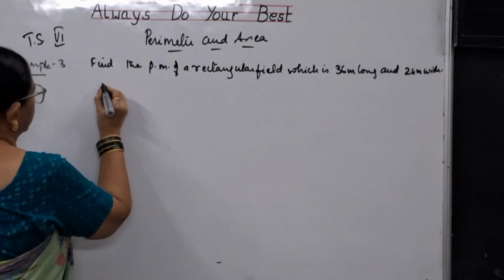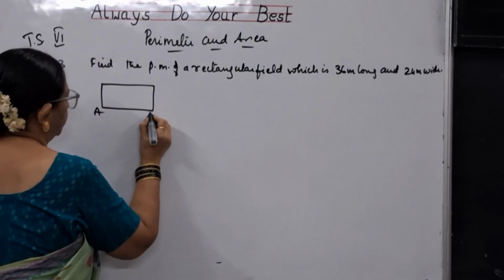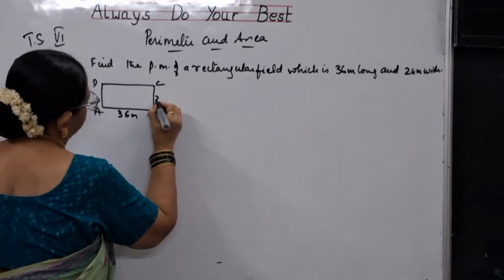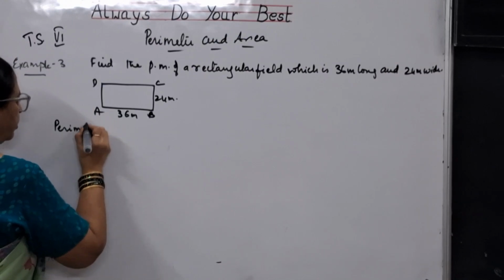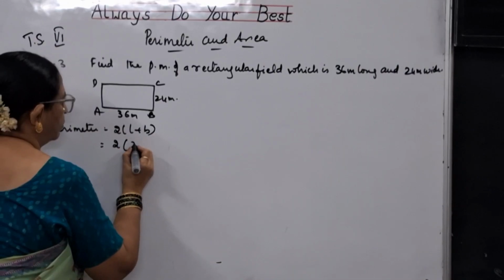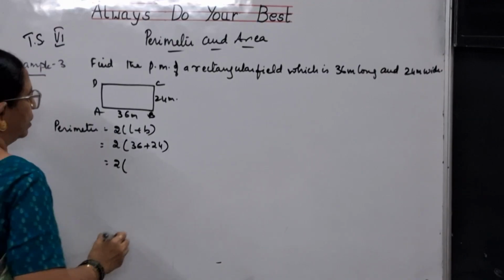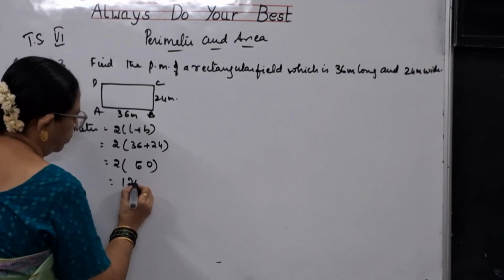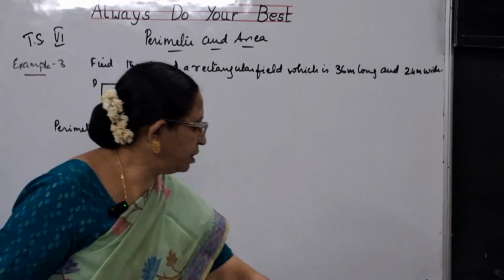So there is a rectangular field. Let us draw this, ABCD. Length is given as 36 meters. Width is given as 24 meters. Now you want the perimeter. So what is the formula for perimeter? 2 into (L plus B), 2 into (36 plus 24). That is 2 into 60, that is 120 meters is the answer. This is example 3.